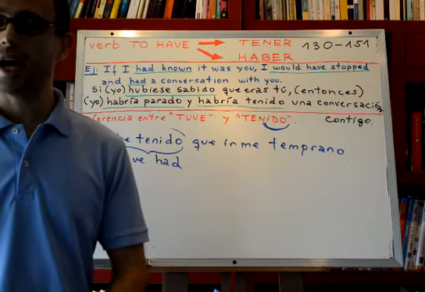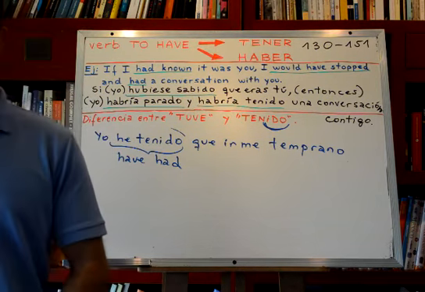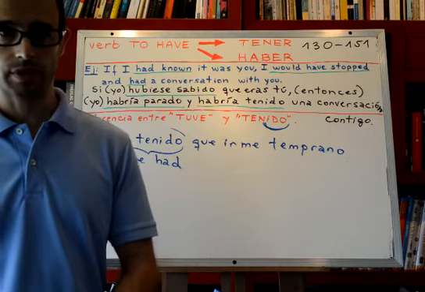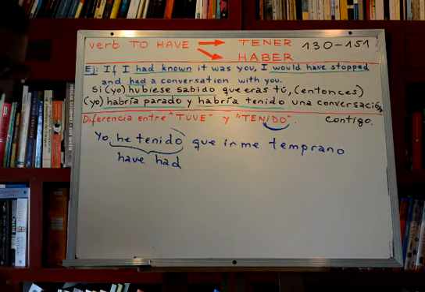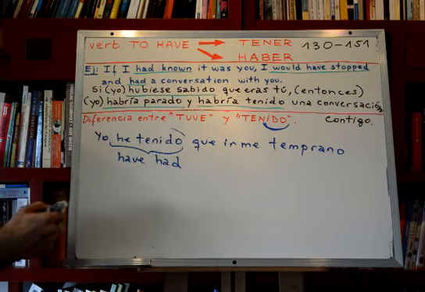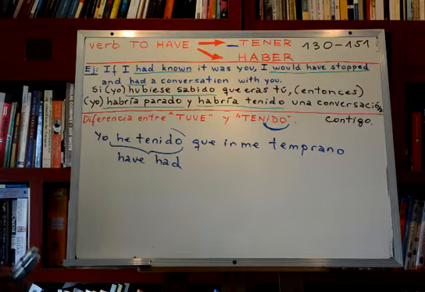For example, I have to go to bed. It's an obligation. I have to go to bed. In Spanish, that use of the verb to have, we translate it as tener as well, okay?